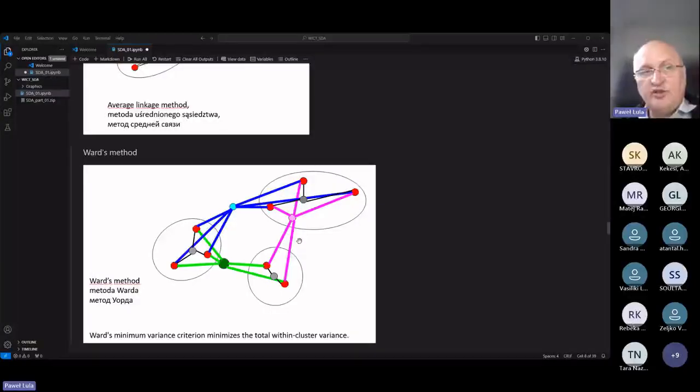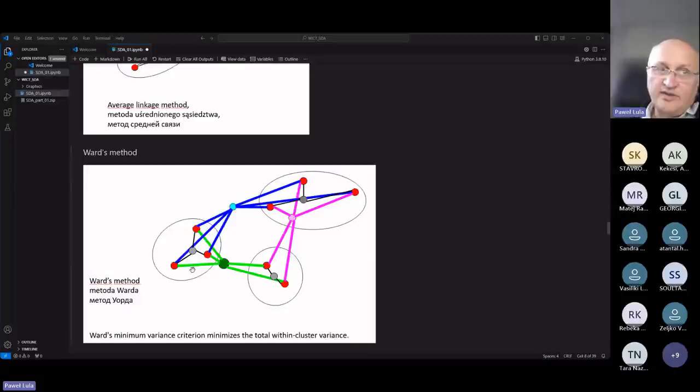There are 3 possibilities. We can choose and merge these 2 clusters, or these, or these. What is the criterion which we will use when we will be making this decision?